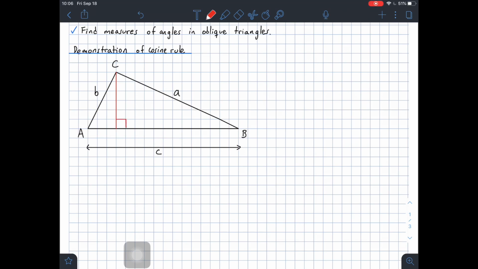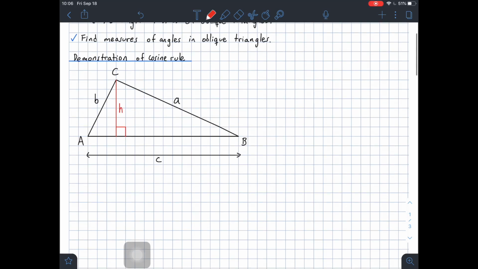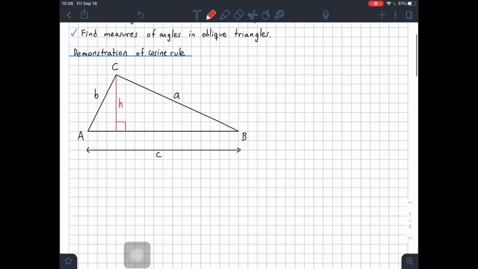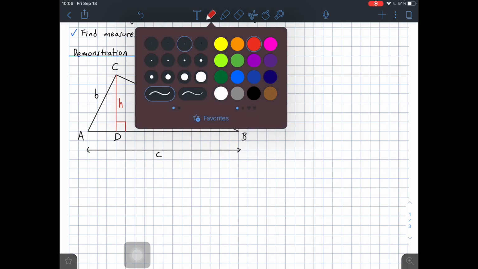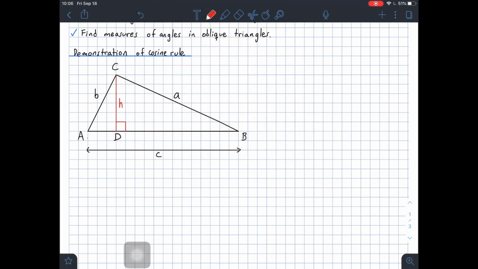So we would have the height right here, and I'm going to call the foot of the height D, and I'm going to call this part over here X, the remaining side here. So if this is X and all of this is c, then the remaining side here would be c minus x, okay? I'm going to need those two sides to do this demonstration.